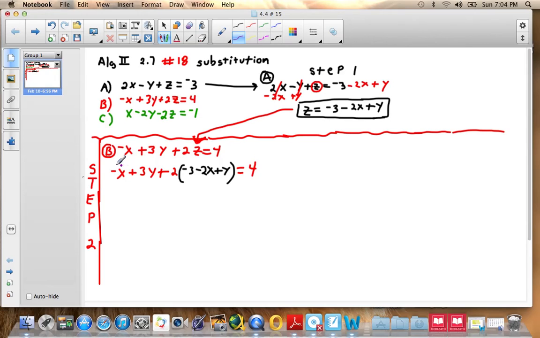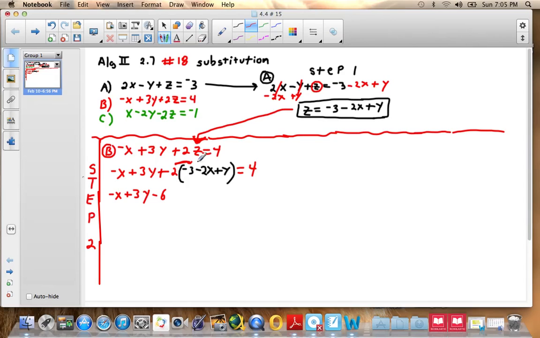So now what I want to do is combine like terms. Oops, let me back up. I got to do one more step first. I almost made a mistake. I need to write the equation one more time. I need to say negative x plus 3y. And now I need to distribute, right? 2 times negative 3 gives me a minus 6.